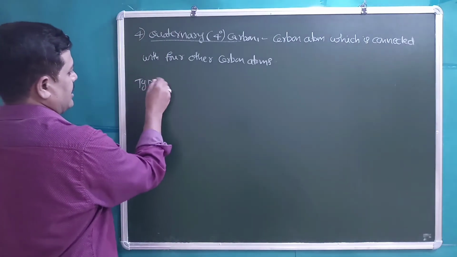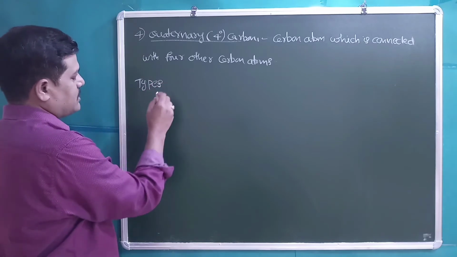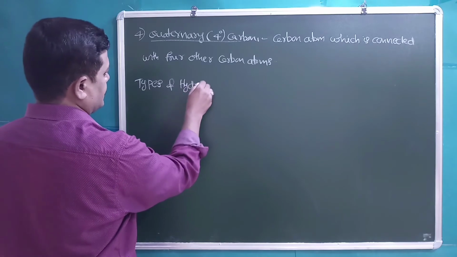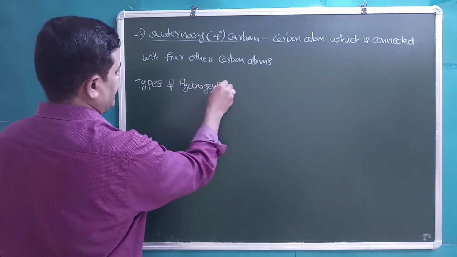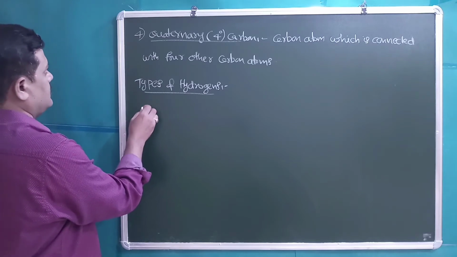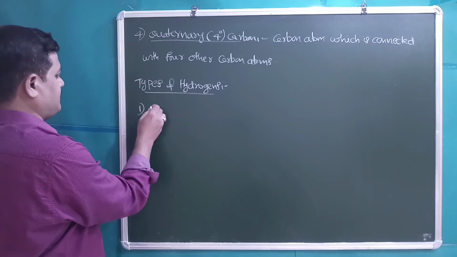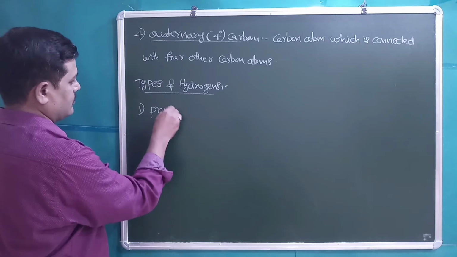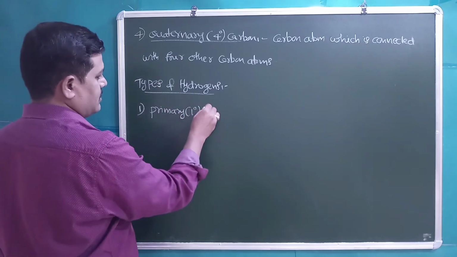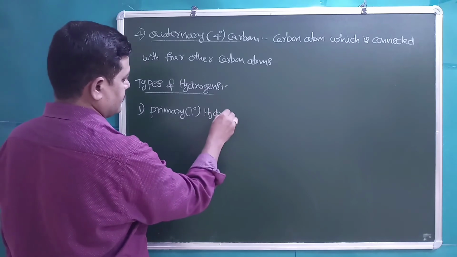And in the organic compounds, 3 types of hydrogens are present. Types of hydrogens. First one is primary, which is indicated with the 1 degree hydrogen.